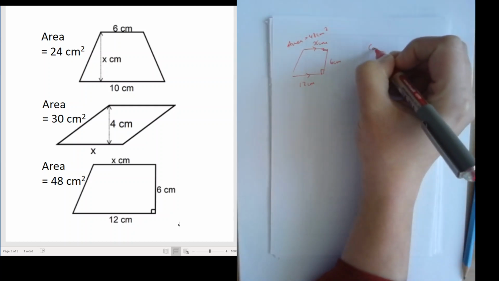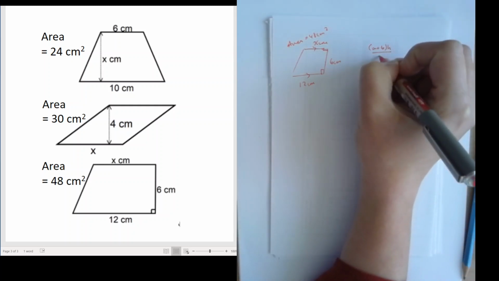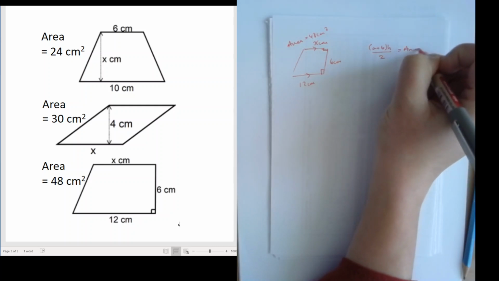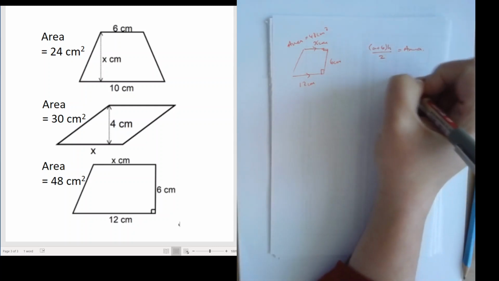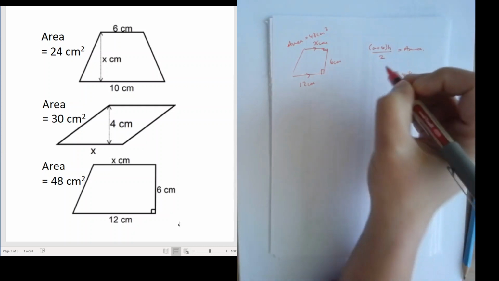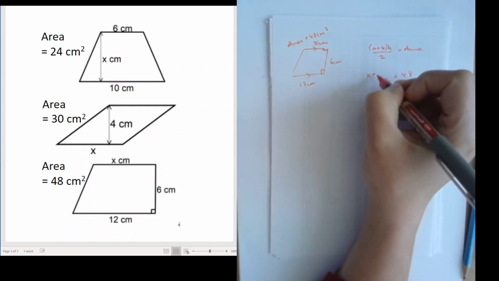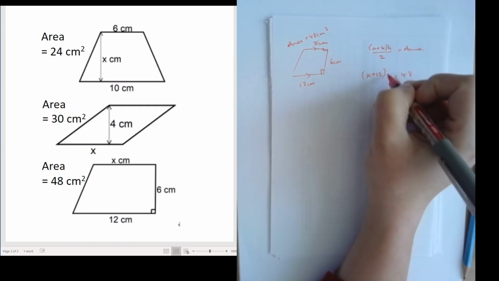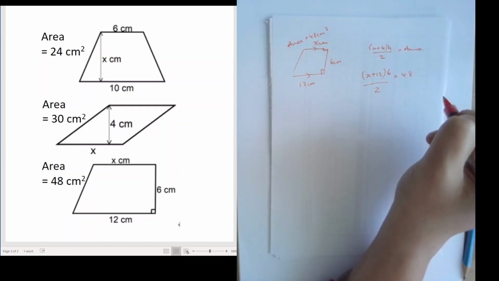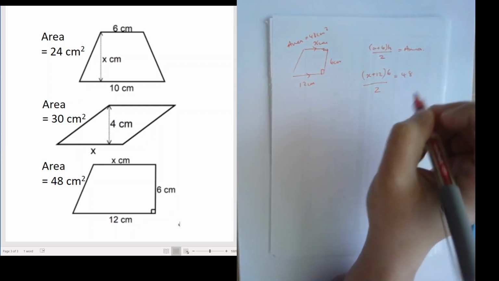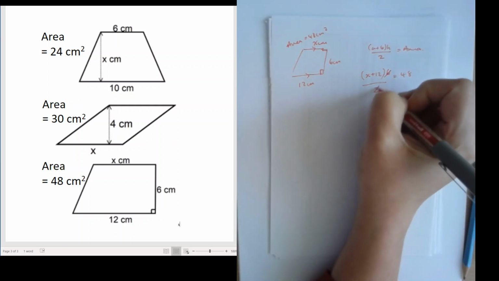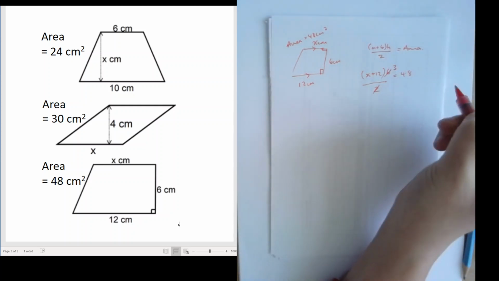Okay, so I've got (A plus B) H all over 2 equals area. My area is 48 because they've already told me that. My A is going to be x, my B is going to be 12, my H is going to be 6, all over 2. Straight away I can get rid of this and put a 3 instead.